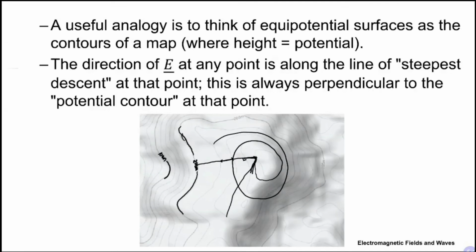The electric field is pointing at the steepest descent, meaning that it will be pointing in this direction, 90 degrees to the equipotential surface, and is pointing at the steepest descent. That is just to illustrate the analogy with the contours of a map.